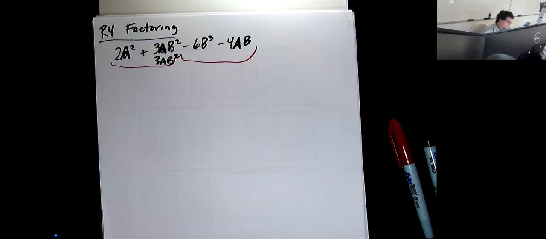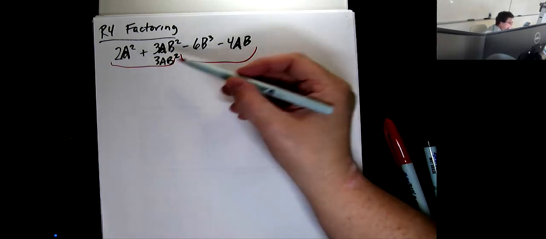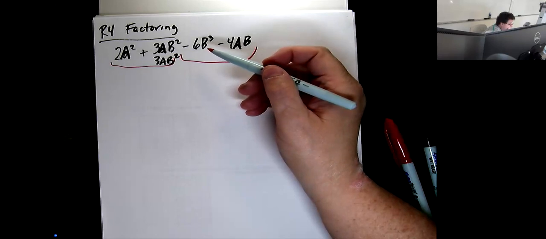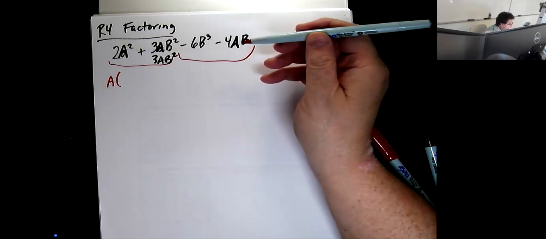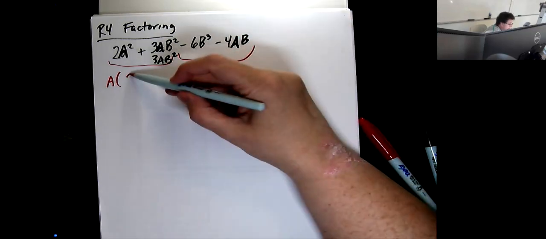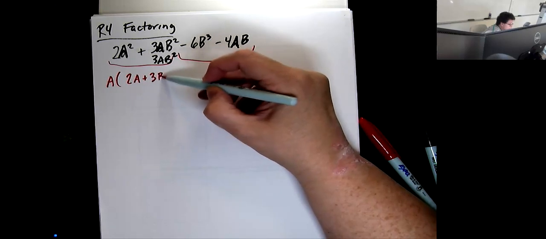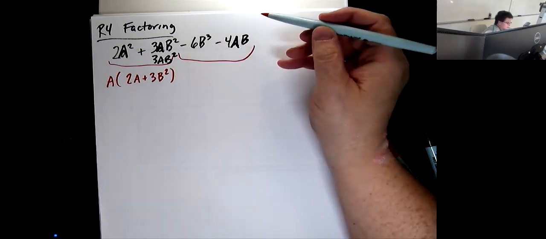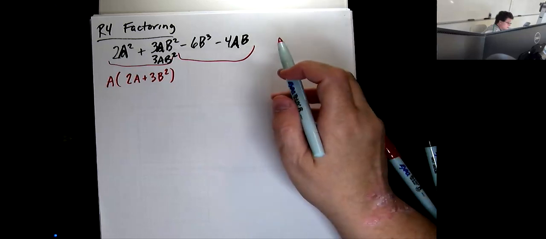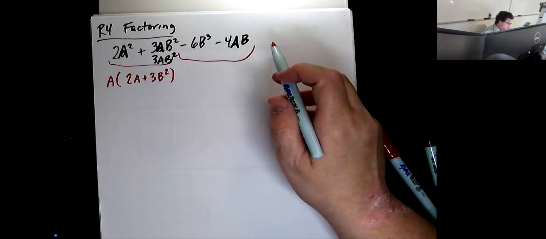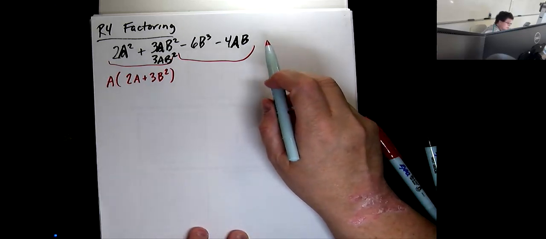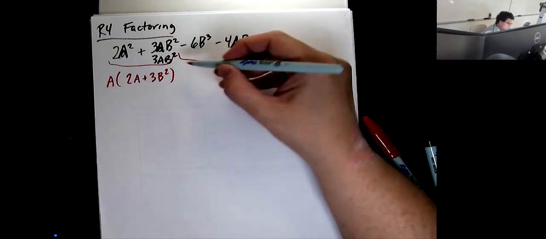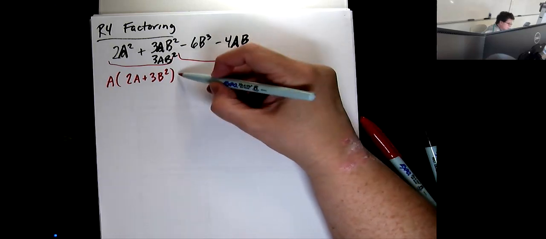Alright, so what comes out of the first set? Not a lot, right? Just an A. What do I have left over? A squared, right? Now what comes out over here? The 2b. They're both negative, so I'm gonna take out a negative 2b.